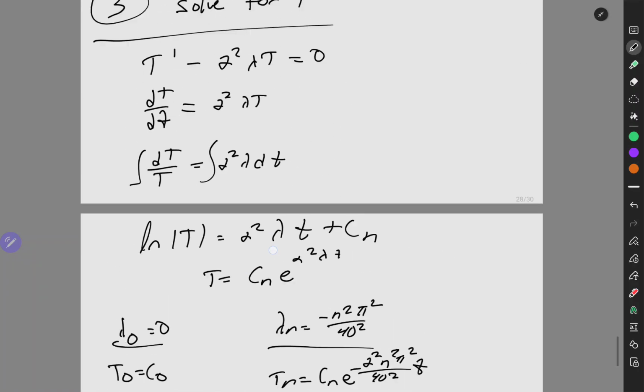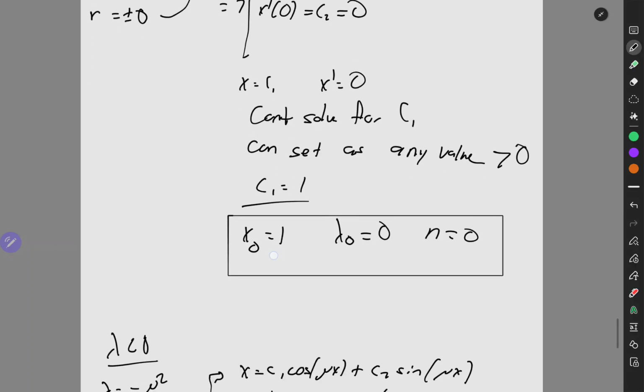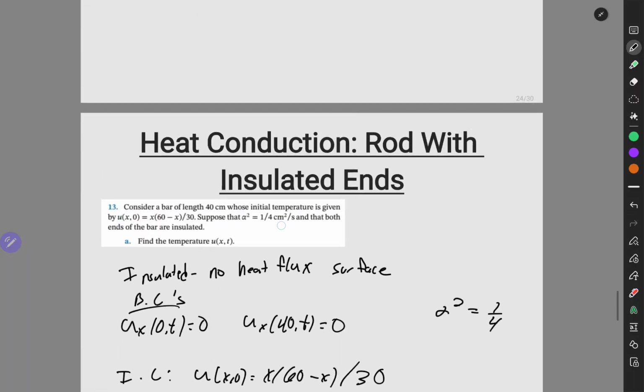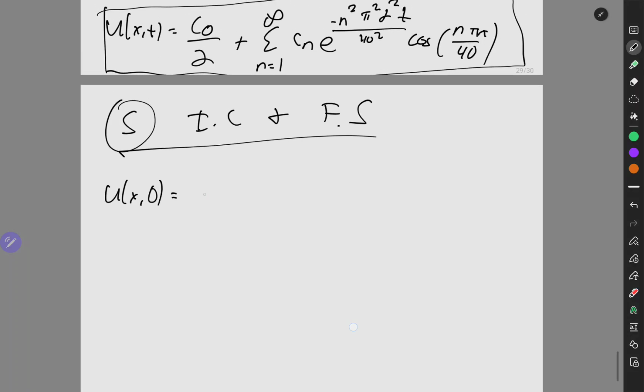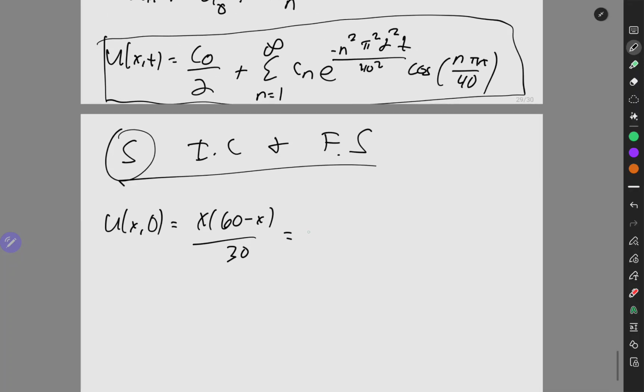Was it x times 16 minus x? 16 minus x over 30. And that's equal to c sub naught over 2. Remember, we're plugging in 0 for t, so this is going to simplify.